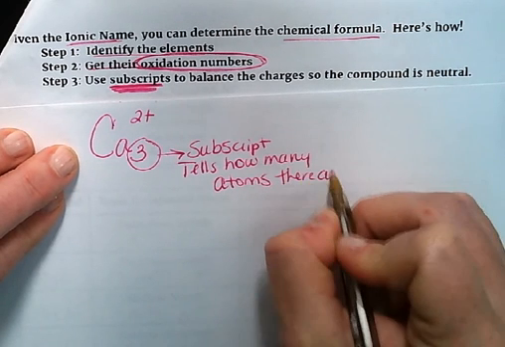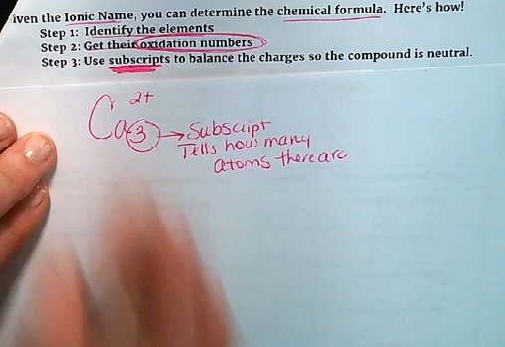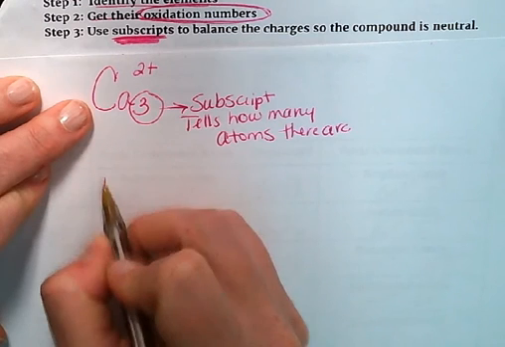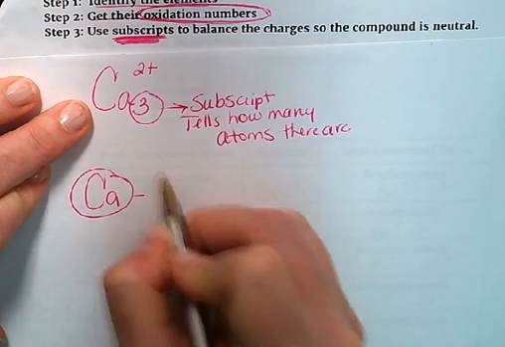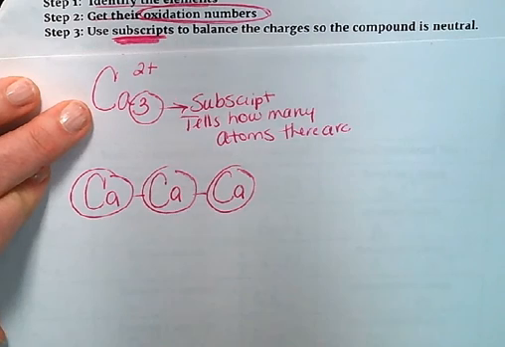So for future reference, calcium 3 means really that I have 3 calcium atoms bonded together.